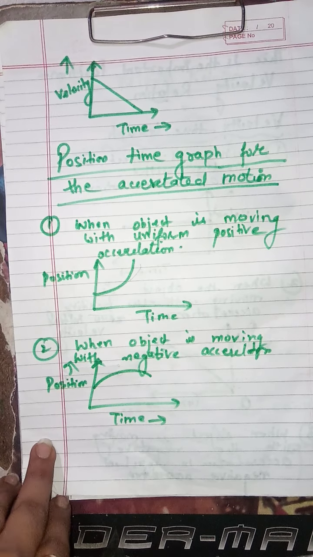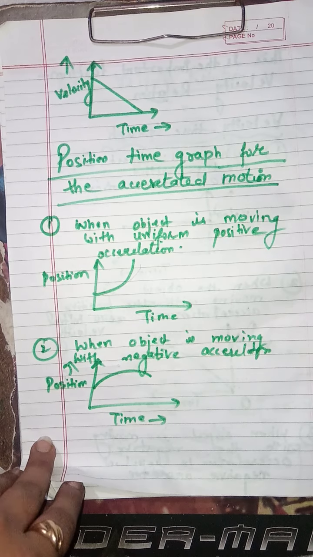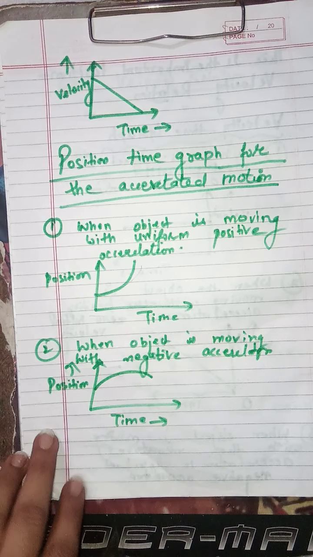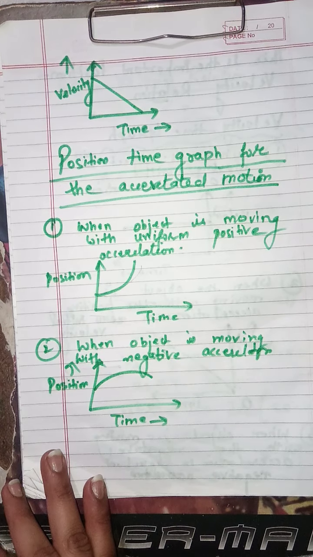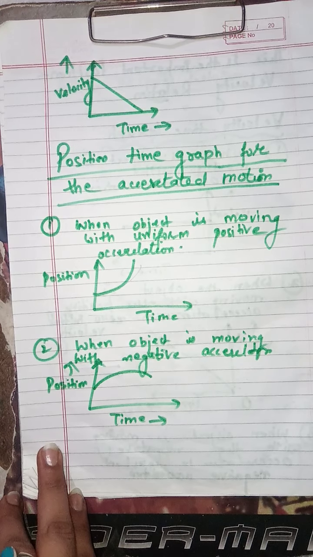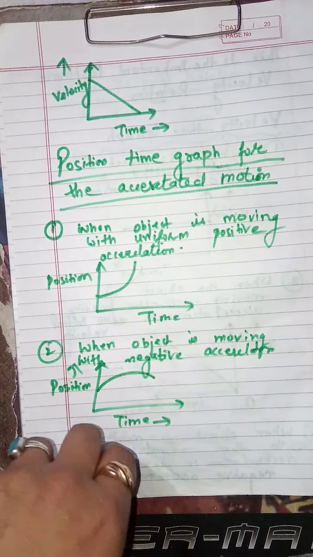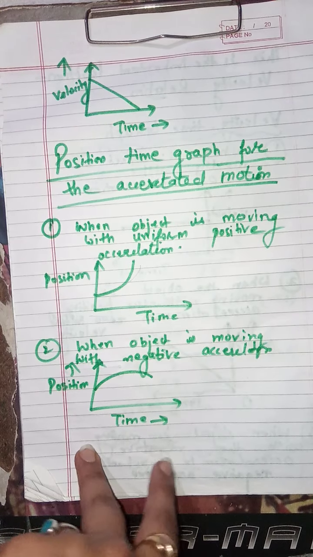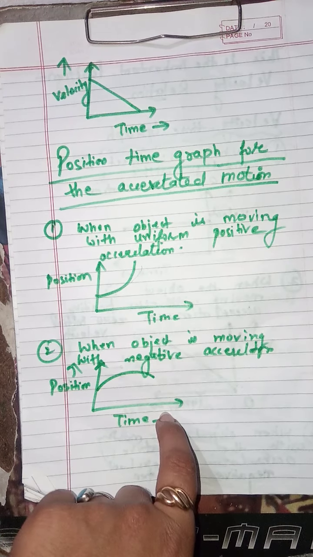Positive acceleration means the velocity increases with time. The second case is when the object is moving with negative acceleration, which simply means the velocity is decreasing with time, and in this case the position time graph is given by this.